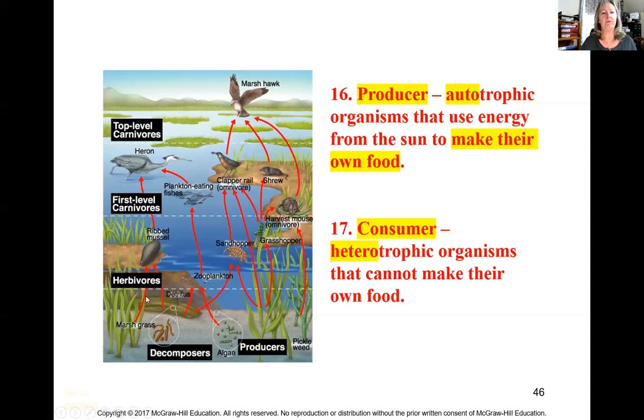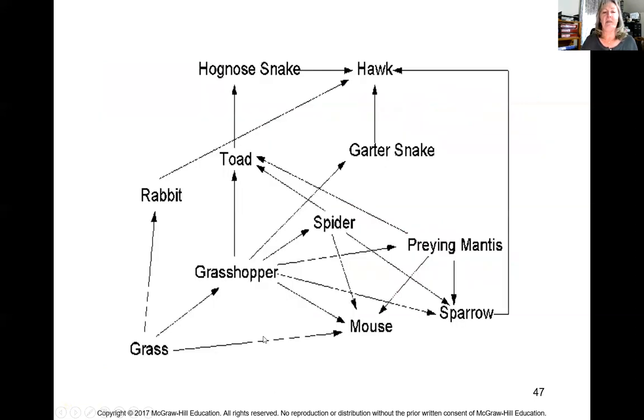We would call this, if this division, we've got the producers, and then the primary consumers, secondary consumers, and then the tertiary consumers.